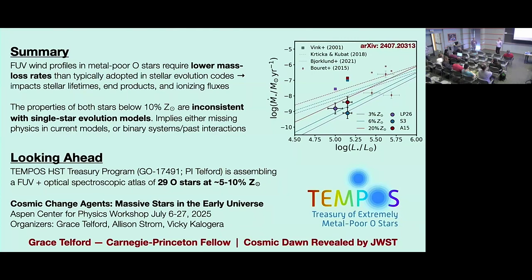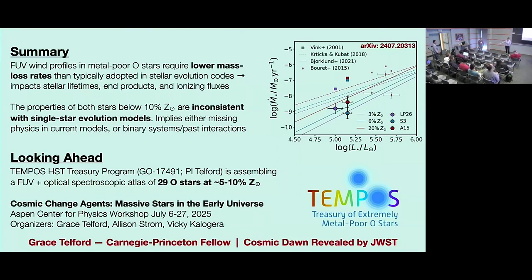So yes, I did use a particular code, and I am one person. I had to make choices in the modeling, as we all do. I actually do think it is quite robust, and I have two reasons for saying this. One is that a master's student at Amsterdam is doing a thesis that I'm co-advising that includes these 3 stars. He's using an independent code, completely different. It's FASTWIND wrapped in a genetic algorithm routine. So he has a completely different way of estimating uncertainties too, and he's getting results consistent with what I did, including the weird properties of these 2 very low metallicity stars.